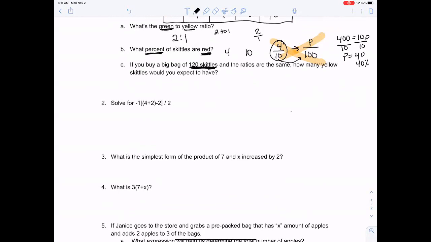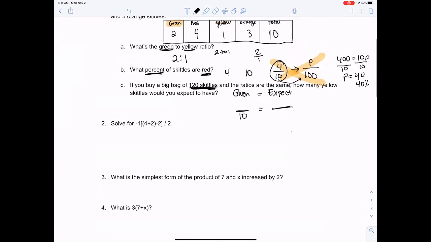Okay, well, what I can do is make proportions. I could do something I'm given and I know equals something I expect. So if I know that for every 10 Skittles, remember that's total, sorry, excuse me, that's total.